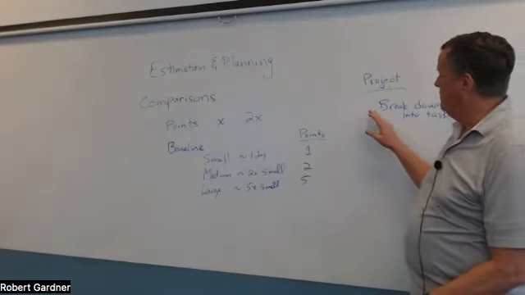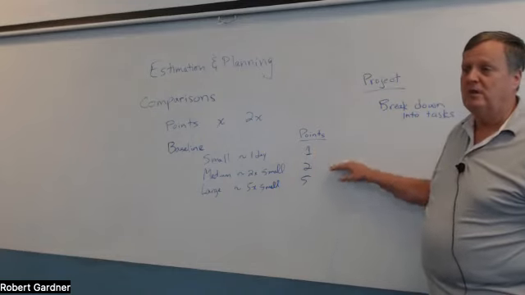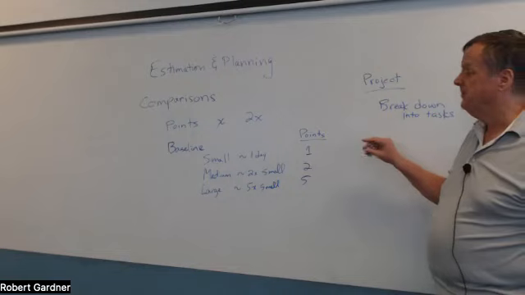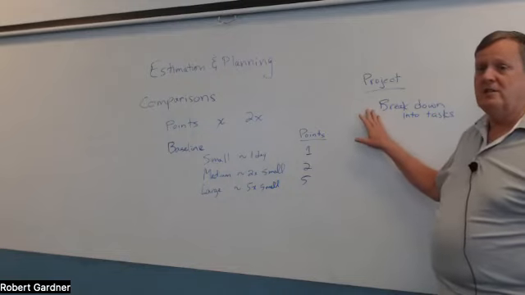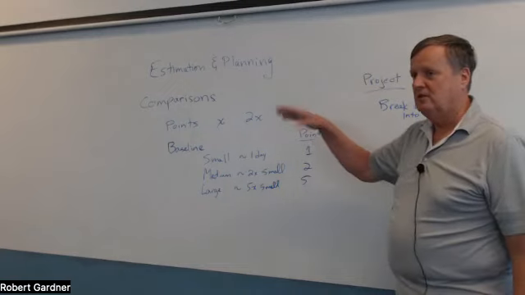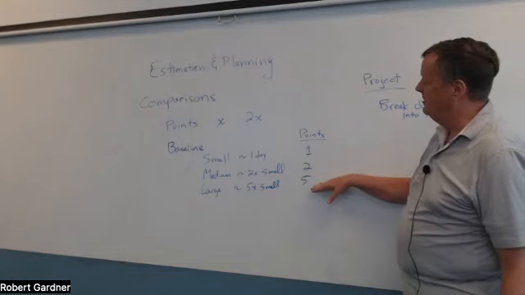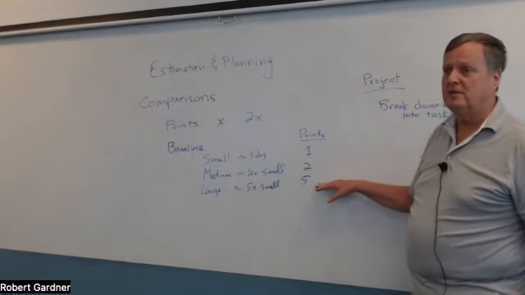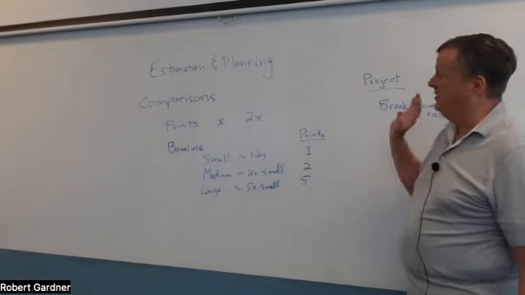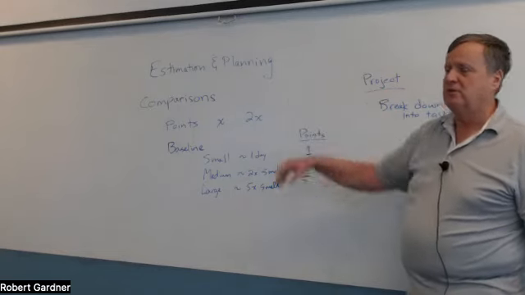They have to break it down into 1, 2, and 5 point, what they consider to be 1, 2, and 5 point tasks. Okay. So sometimes that will be hard. So they'll have to go get help, and they'll have to try again, and so on. So you kind of break it down until you have everything down into nothing larger than 5 points, or things that you're just saying that one's too hard, or we don't need to do that one yet, so we'll push that one off till later.